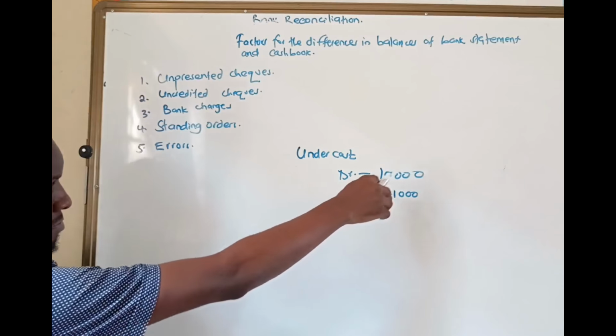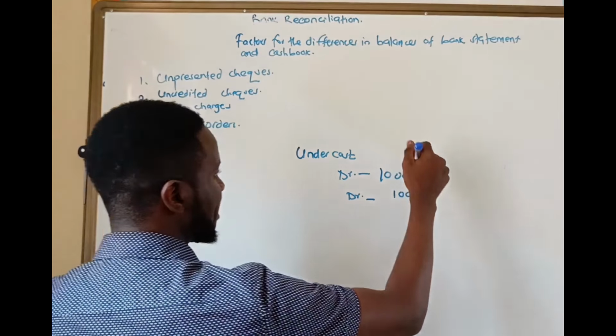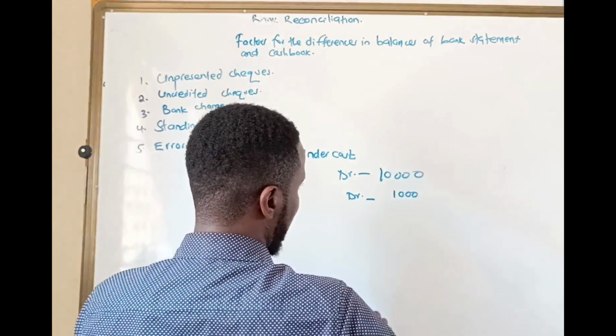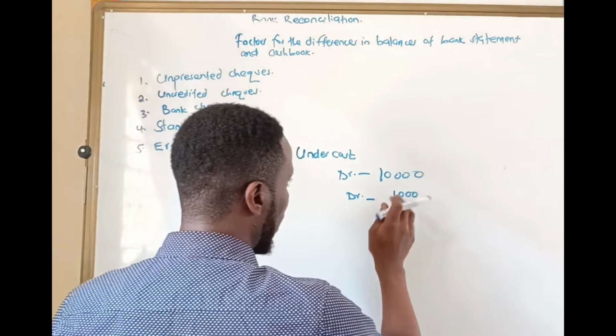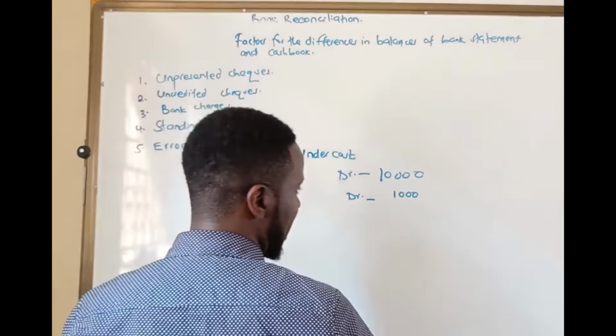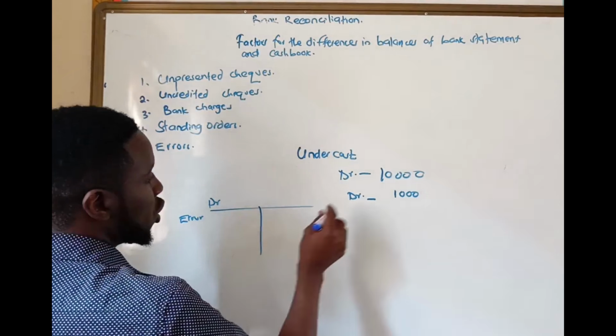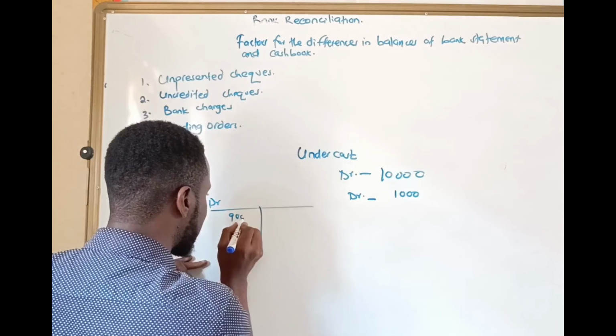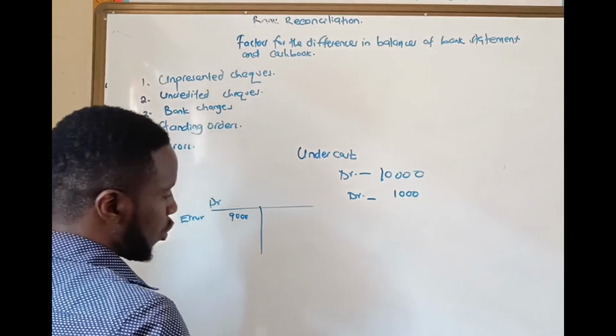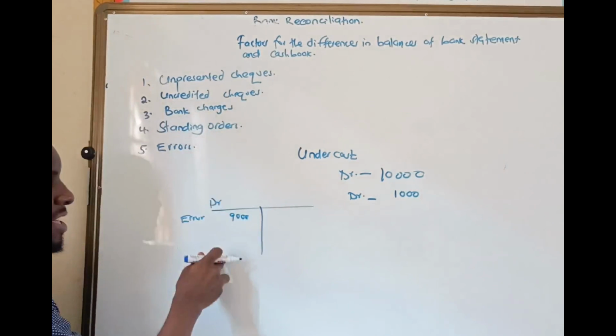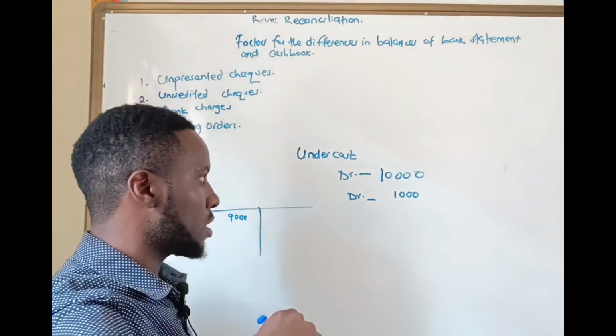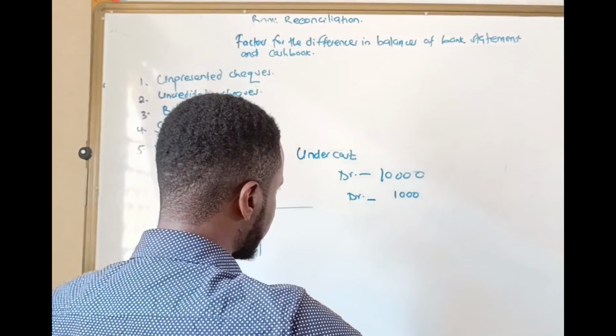That means if it is 10,000 and I'm supposed to record 1,000, there's a difference of 9,000. So you go to your adjusted cash book on the debit side and you say error, then you put the 9,000 to correct the other one. So at the end of the day, we shall have the balances balancing as well.